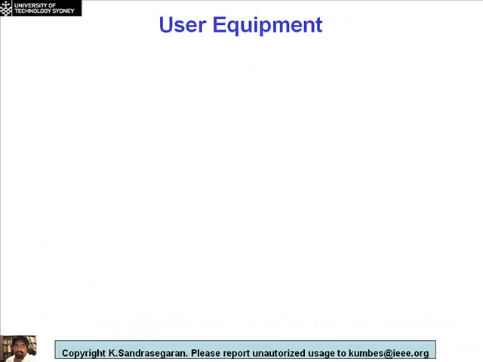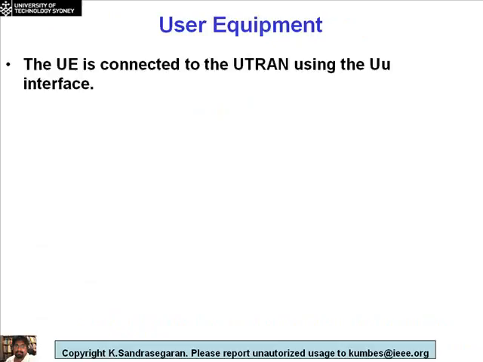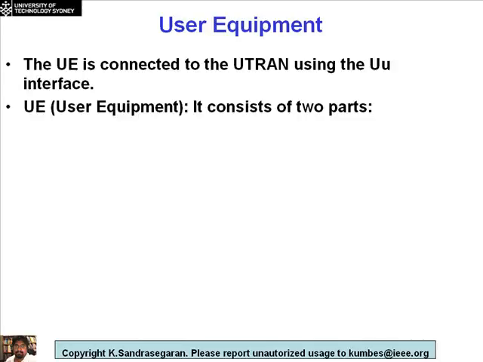So whichever terminal or user equipment you look at, as we've seen before, the user equipment communicates with the UTRAN, primarily the Node B, through the Uu interface. That's the interface on which wideband CDMA has been implemented.